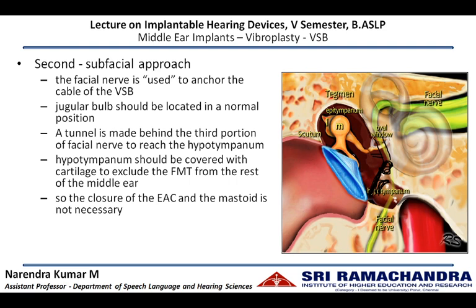So use of extra muscle graft or cartilage skin graft is not required in this particular procedure. The temporalis fascia muscle is used to line the floor of the cavity.